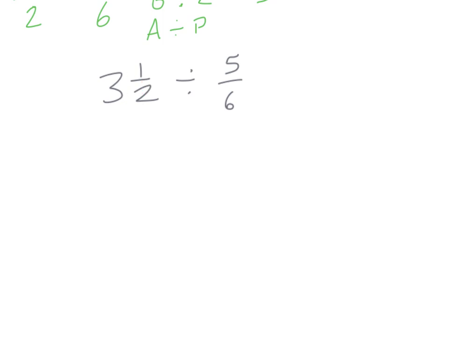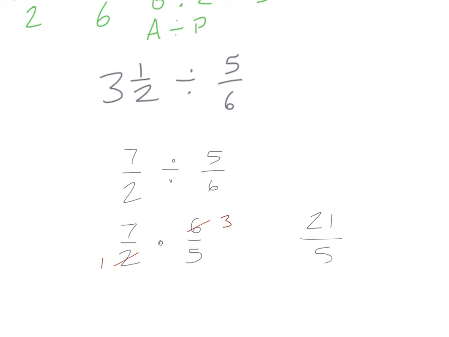So 3 1/2 becomes 3 times 2 is 6 plus 1. 7/2 divided by 5/6. And now we keep, change, flip, right? Anything to cross cancel? Yep. 2 and 6 can become a 1 and a 3 because I'm dividing by 3. 7 times 3 is 21. 1 times 5 is 5.